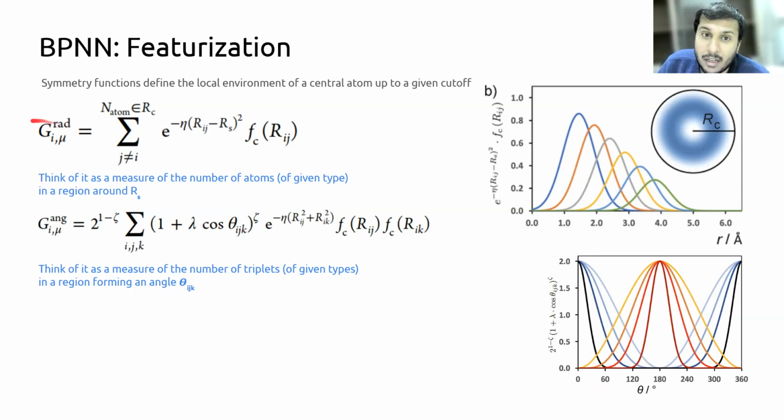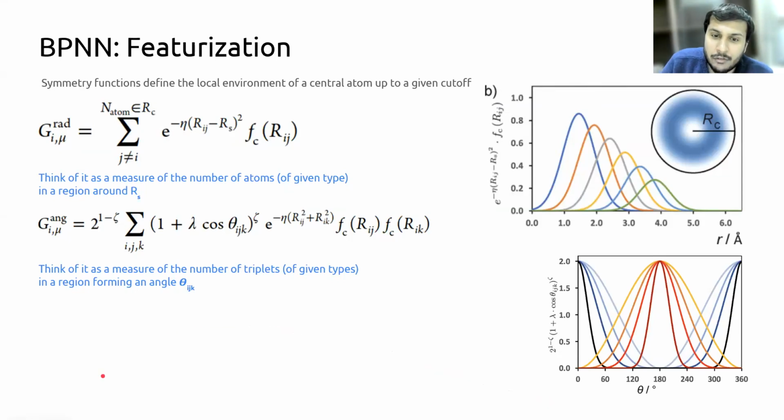So basically, by computing these radial and angular symmetry functions, what you end up with for each atom is a probe of its neighbors, right? It tells you how many atoms are there at 1 angstrom, how many of them are at 2 angstrom, how many at 3, and so on, or how many pairs of atoms are at a given angle, and so on.